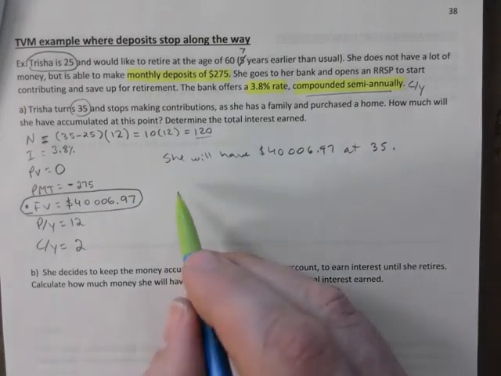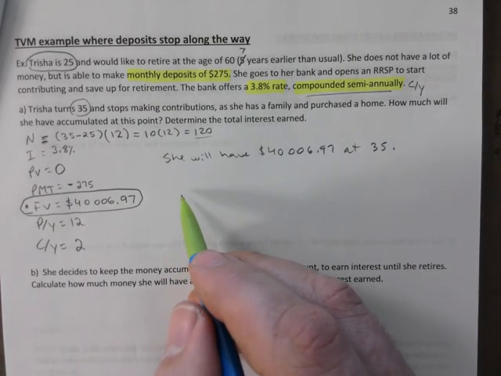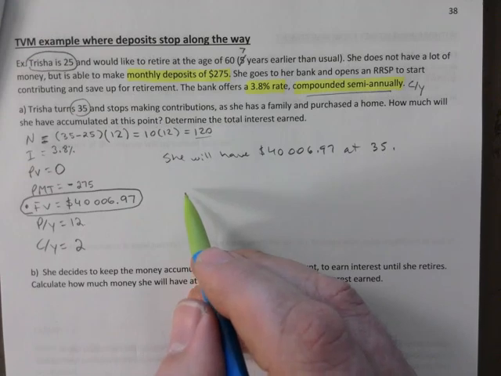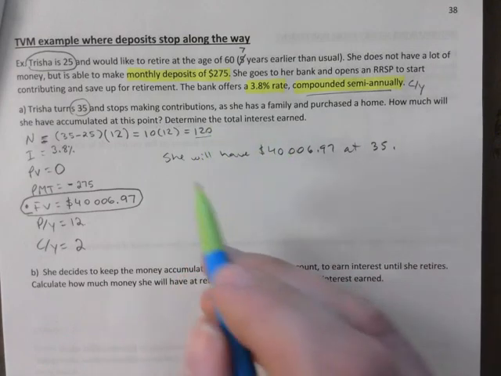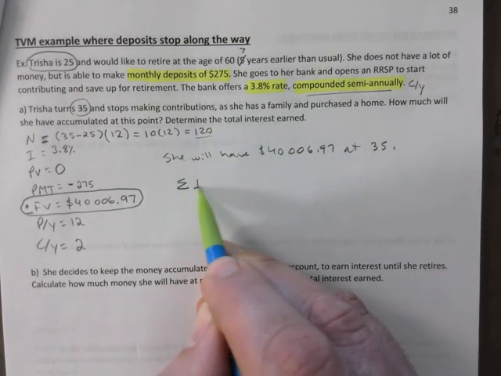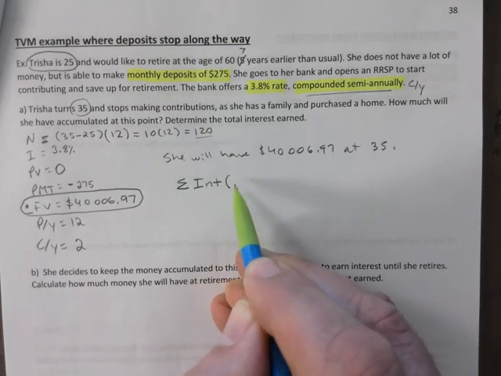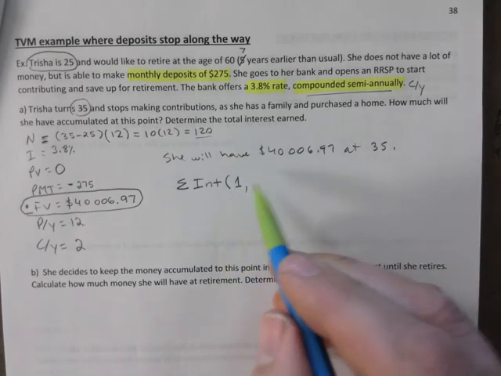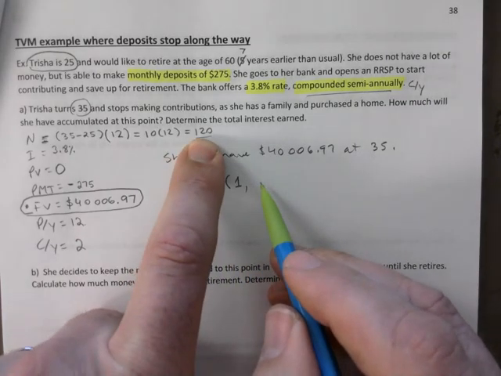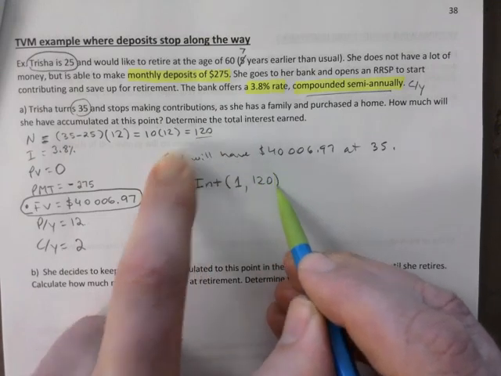And what about the interest? Can I use sum of interest? You check. Is this a decimal? It's not, right? So use sum of interest, please. It's so much easier. Sum of interest from the very first month in this case to the 120th month.